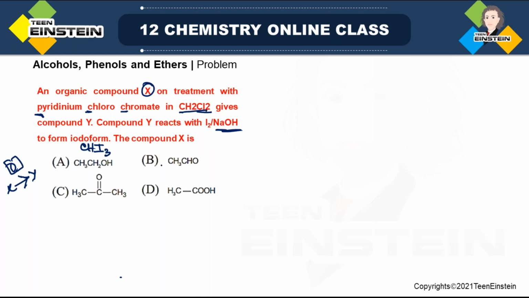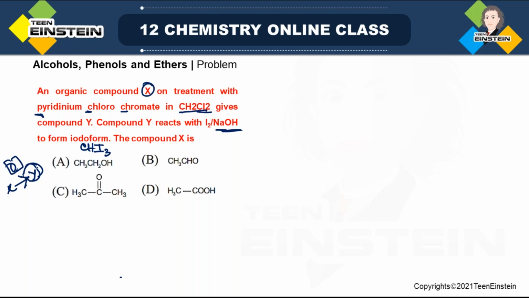That must be present. Then only the iodoform reaction is possible. Now it means in compound Y, there must be a CH3CO group or a CH3CHOH group, right? Now if that is the case, that means Y is either a ketone or aldehyde, or it may be an alcohol also.